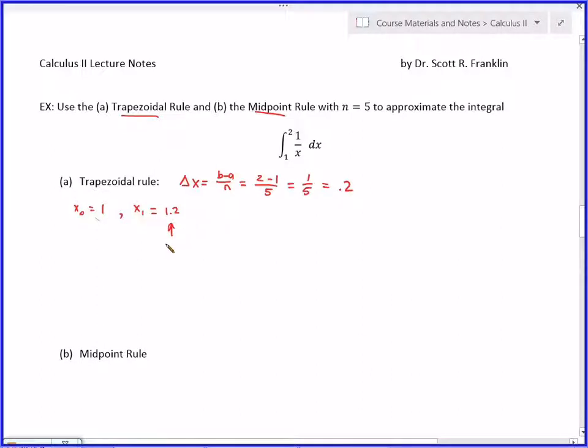That's 1 plus 0.2. That's your delta x. A plus delta x. Okay? All right. x1 is 1.2, so x2 would be x3, x4, and x5 is 2.0, or just 2.